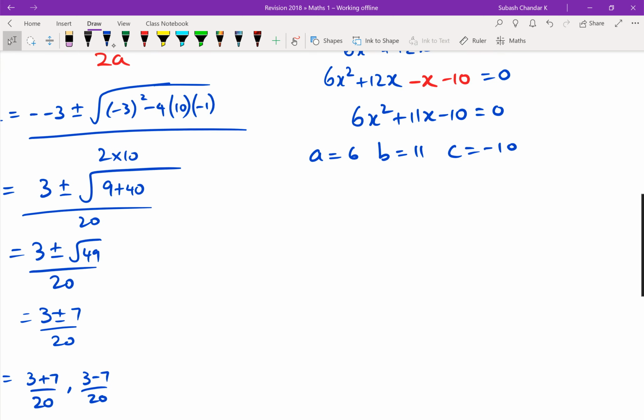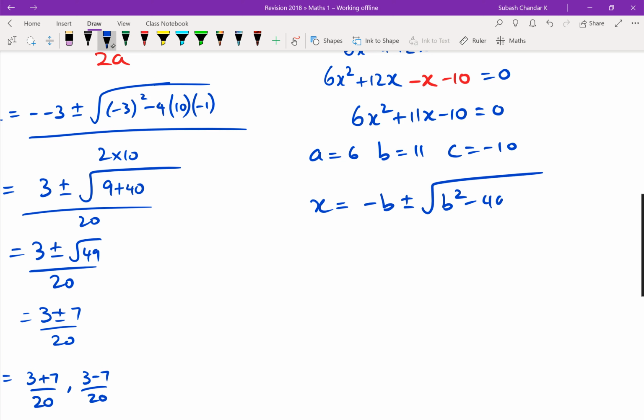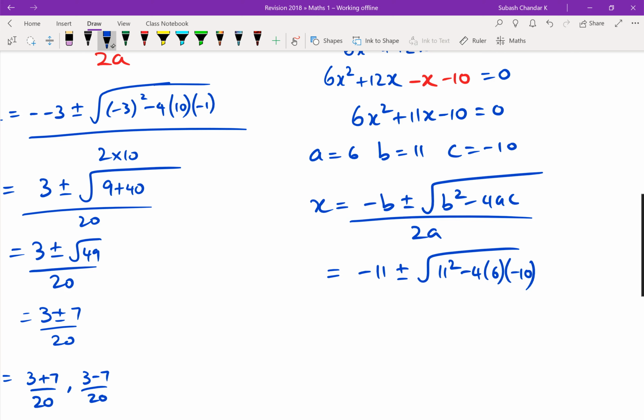So I can use my quadratic formula. Negative b plus or minus the square root of b squared minus 4ac, over 2a. So I got negative 11 plus or minus the square root of 11 squared minus 4 times 6 times negative 10, and then 2 times 6.